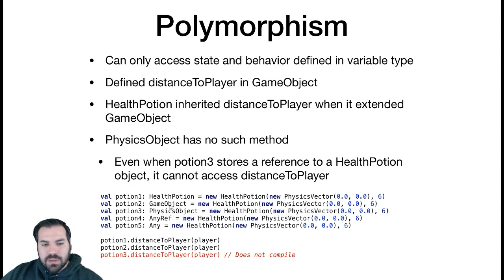But we can't access any other functionality. We can't access any ref stuff if we store this in a variable of type any. We can't treat it as a reference. We don't get any physics object functionality. All we can do is those base methods. So we almost never want to do this, have variables of type any ref or any, but it is valid. It is something we're allowed to do.